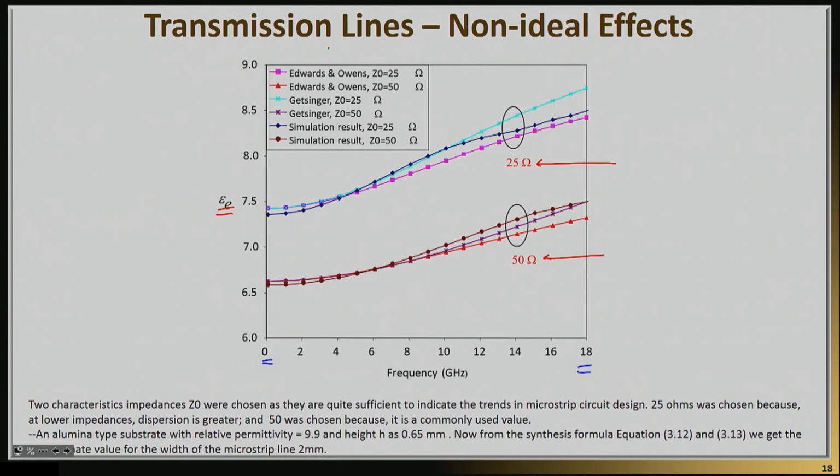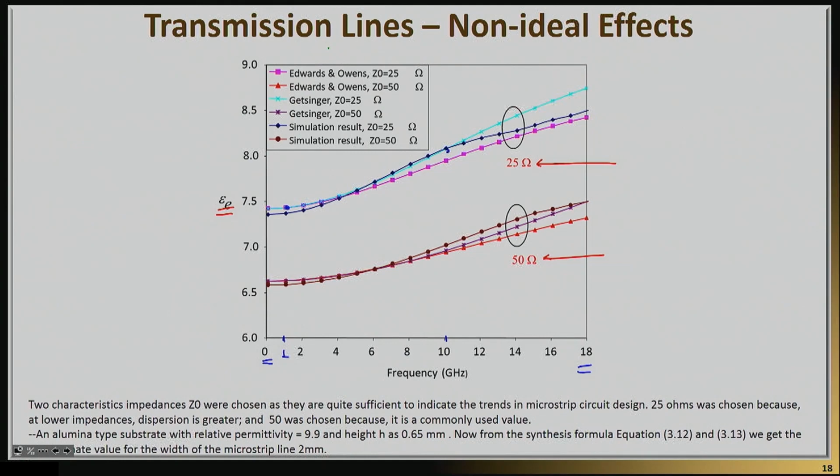But what is interesting to see here is that, first of all, the change in the effective dielectric constant is not negligible. Let's say you were designing a circuit from 1 gigahertz to maybe 10. If you look from 1 to 10, the dielectric constant, let's say for the 25 ohm case, will change roughly from 7.3 or so all the way to almost 8. And again, that's a pretty severe change.